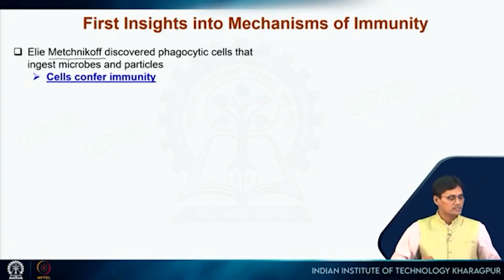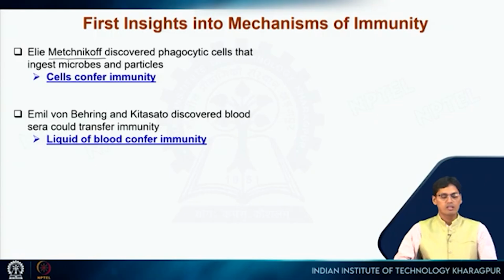On the other hand, almost at the same time, Von Behring and Kitasato discovered that blood sera could transfer immunity. What is blood sera? Blood sera is the liquid part of the blood. So the liquid of blood confers immunity. See, these two are contrasting. One group mentions that cells, particularly phagocytic cells, confer immunity, and another group says that the liquid of blood confers immunity.